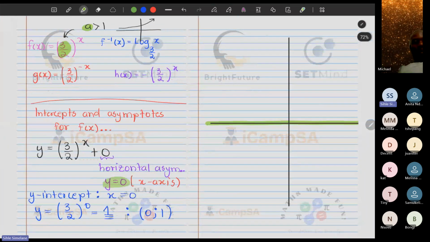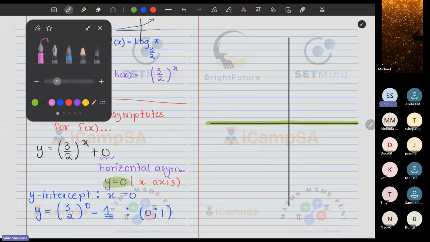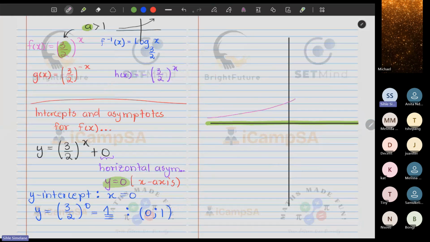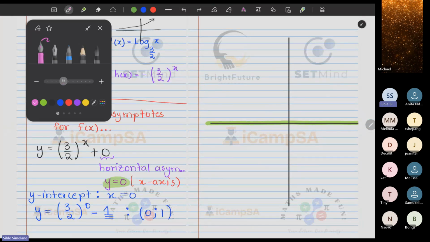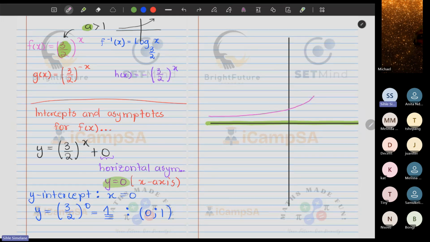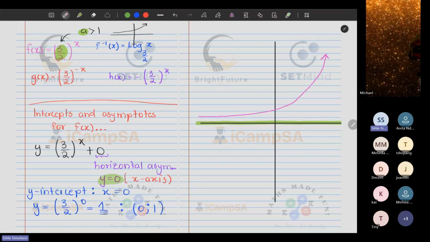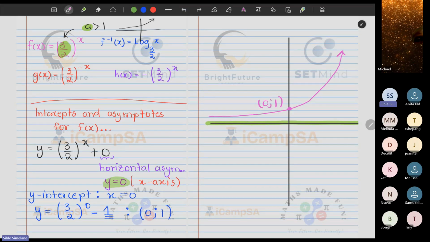I'll give you a summary at the end. So our graph will look something like that. Let's make it bigger. And this point here, we already have, is at 0 and 1. You guys understand? And this is f of x.